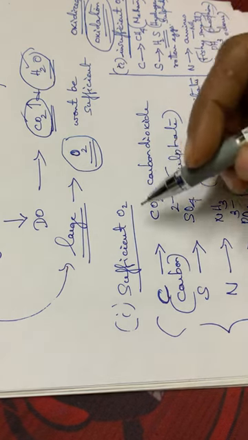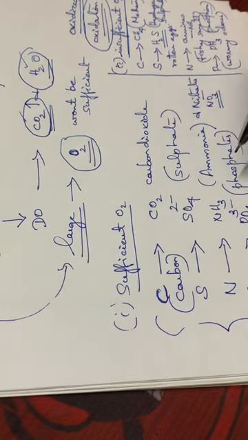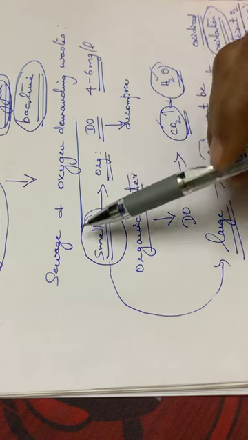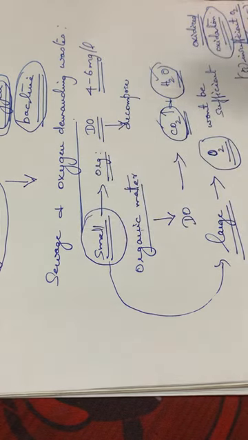The oxygen content present in the water bodies will be decreasing as time goes on. So these are the two different things related to the first source of water pollution, that is sewage and oxygen demanding waste.